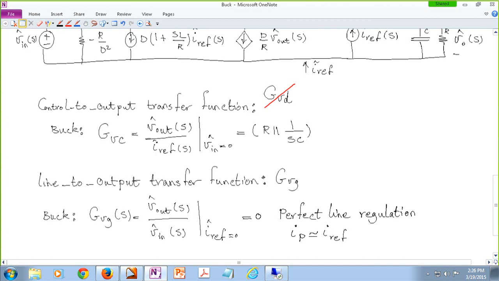But in a practical case, this transfer function is not absolutely zero, but it's very, very small. Or in dBs, it's like negative 60 dBs or something like that. So actually, it's a good thing. And actually, we can see that. I can run some simulations, and we can observe if this transfer function is really close to zero or not. So let's actually do it.